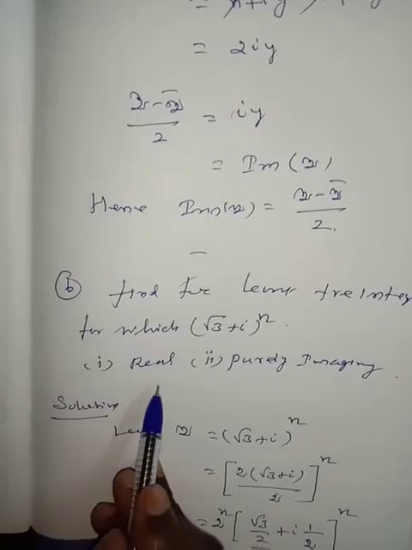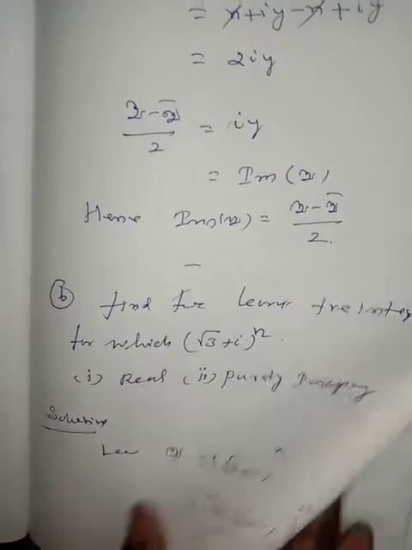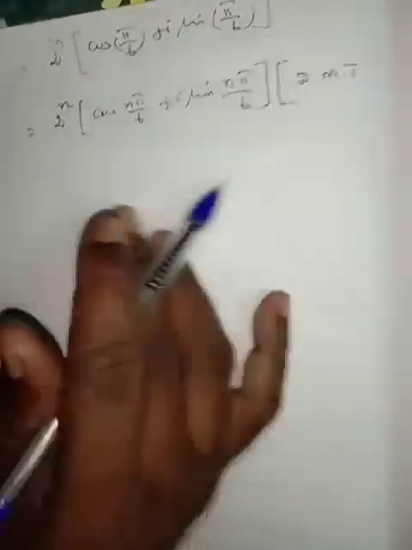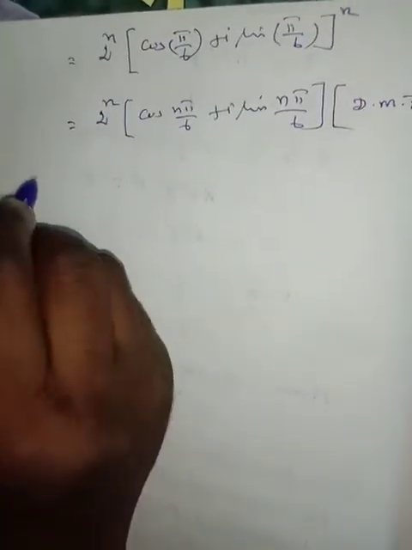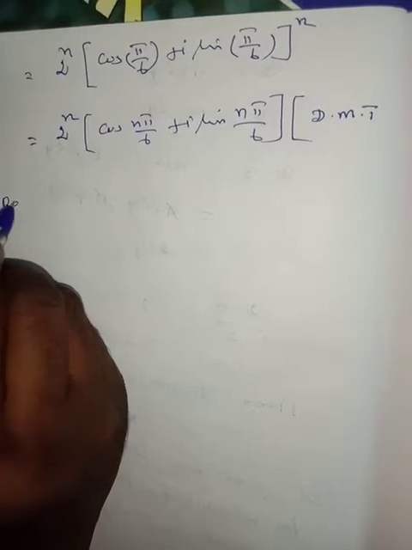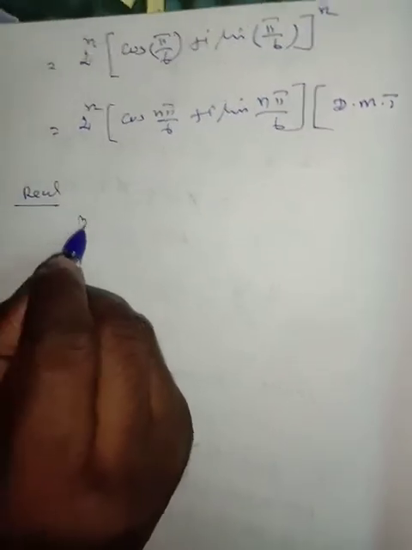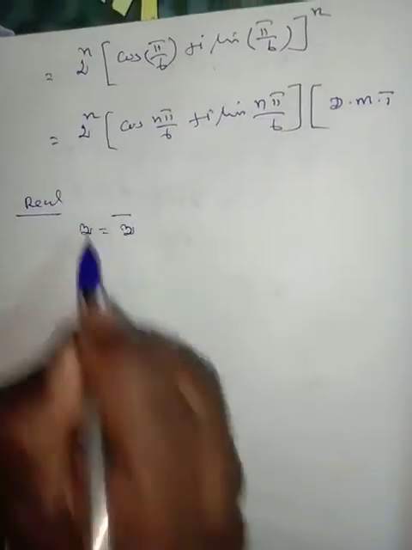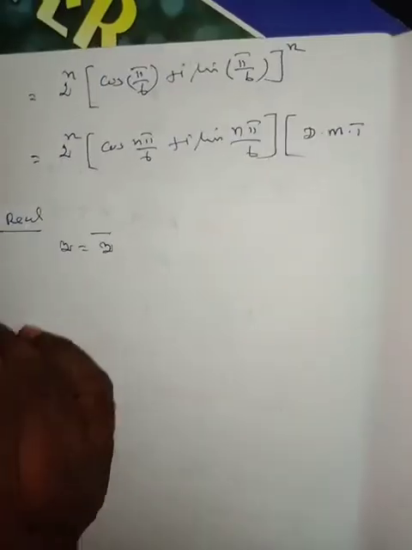The question is: first, z is real; second, z is purely imaginary. First, real. Real means z is equal to z bar.